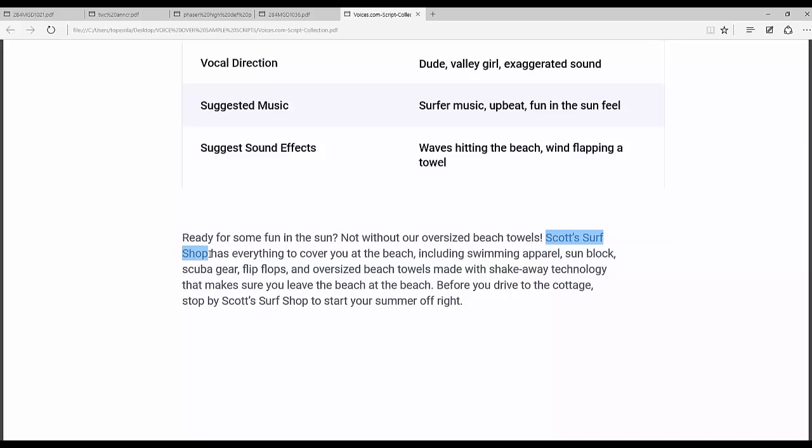Because you go scoff shops, you know. This is Scott's Soft Shop. Scott's Soft Shop. You get that? So Scott's Soft Shop has everything to cover you at the beach, including swimming apparel, sunblock, scuba gear, flip-flops, and oversized beach towels made with shake-away technology that makes sure you leave the beach at the beach.